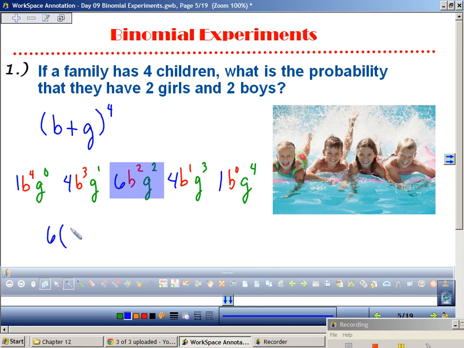What's the probability of being a boy as opposed to a girl? What's the chance? 50-50, right? 1/2 to the 2nd. And what's the chance of being a girl? Same thing, right? 1/2 to the 2nd.